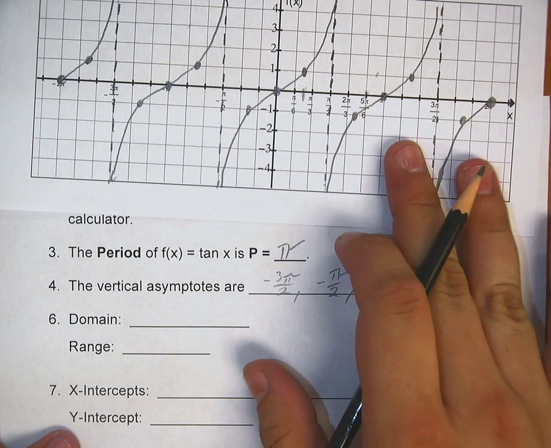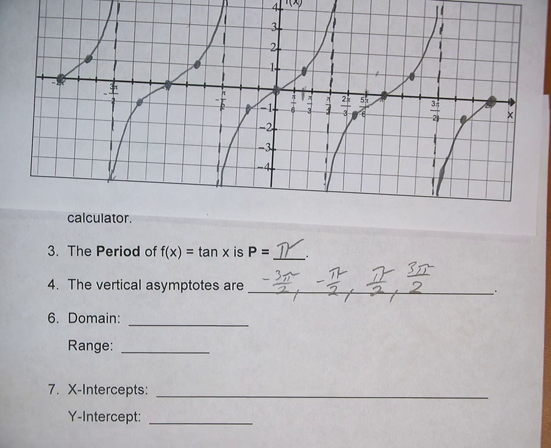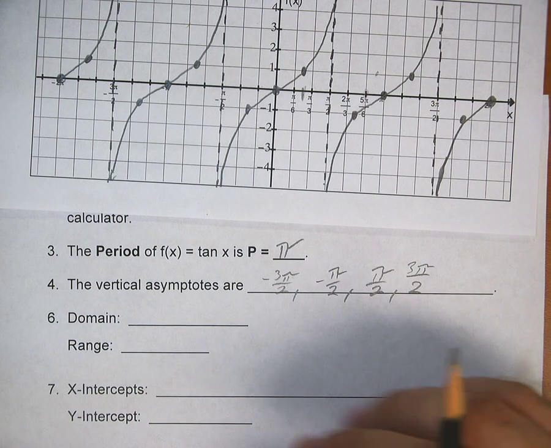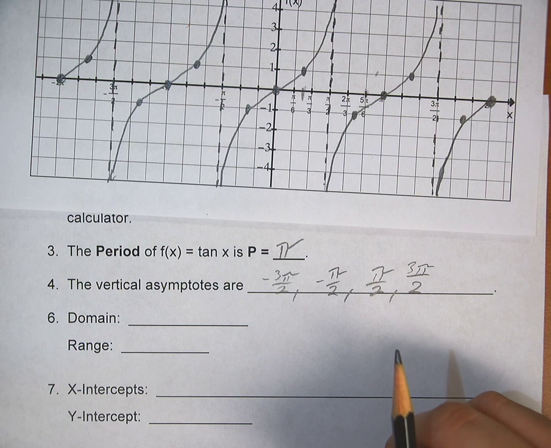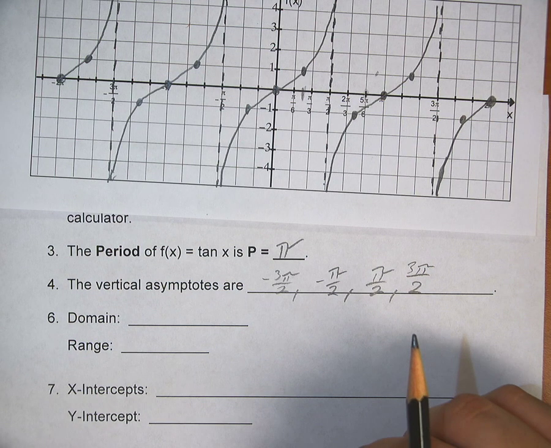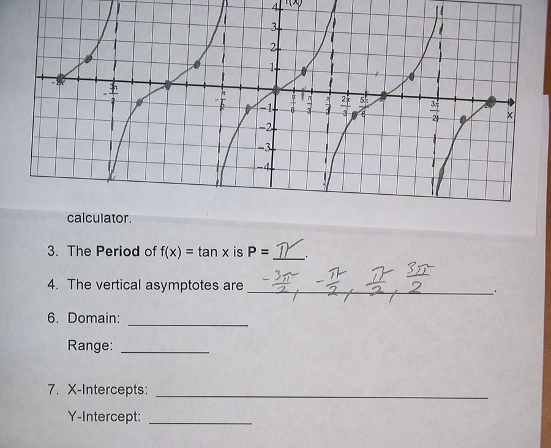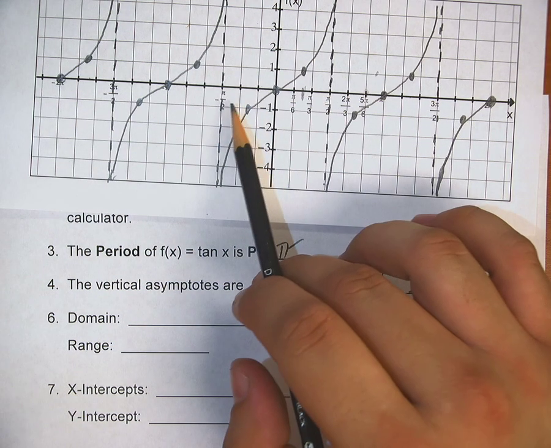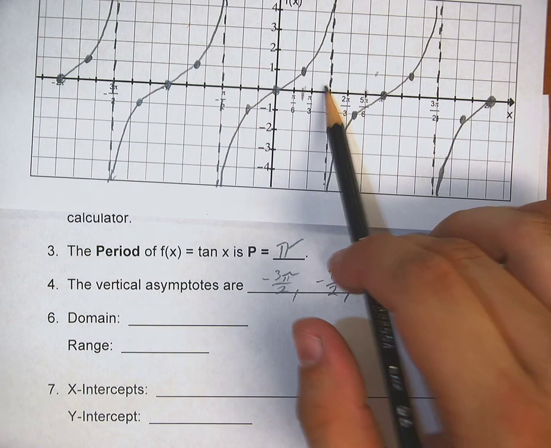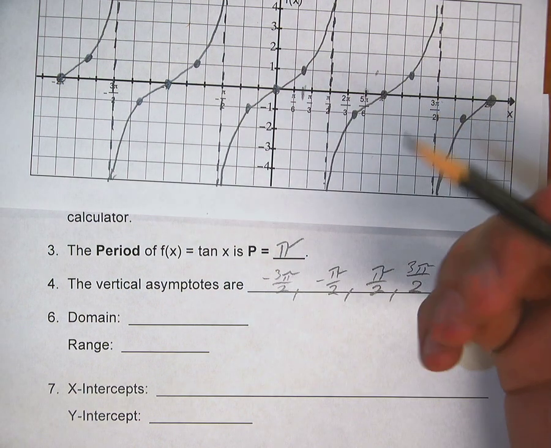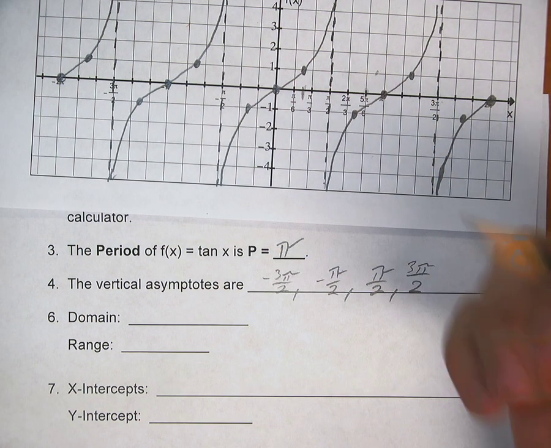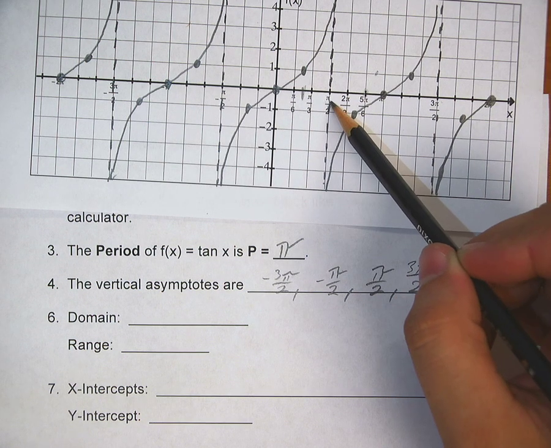Now your domain here is going to be a little weird because if you look at what is happening with tangent, I'm sorry, I had a brain fart there for a second. We have a value at every odd pi/2 that gives us an asymptote. So x can't be pi/2. It also can't be 3 pi/2.